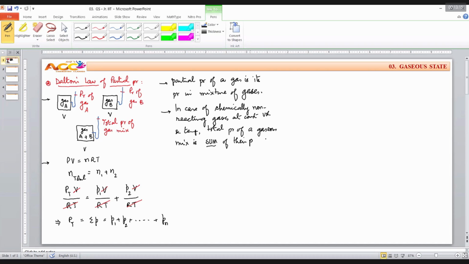What is the name of individual pressure? Partial pressure. Yes. But condition is they should not react chemically. Condition is volume should be constant. Condition is temperature must be constant. If it is so, yes, we can enjoy the game.